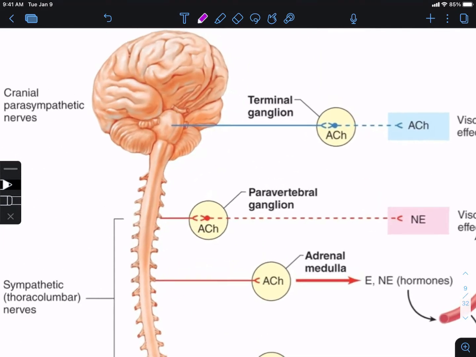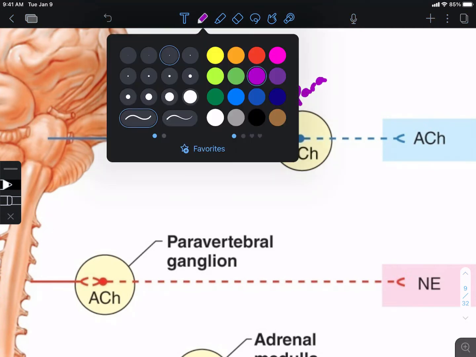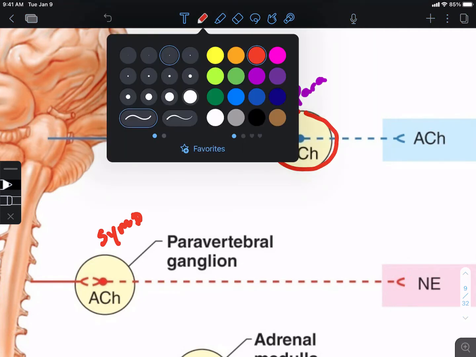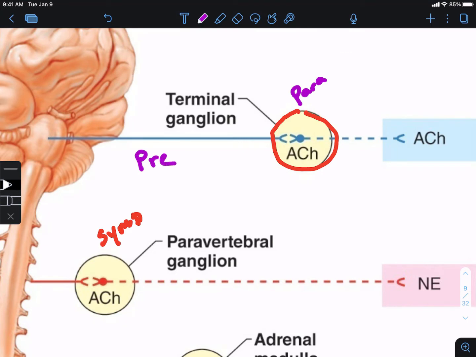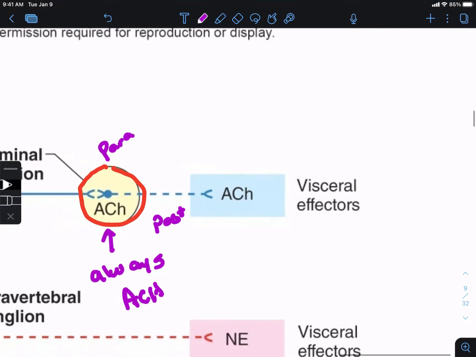And if we zoom in, it doesn't really matter whether it's a parasympathetic or a sympathetic ganglion, when we're dealing with the ganglion where the preganglionic neuron synapses with the post, the neurotransmitter that is released is always acetylcholine.